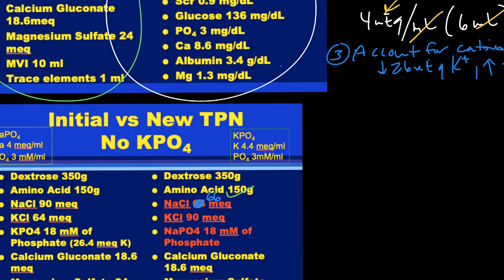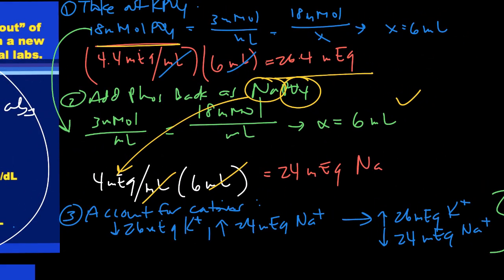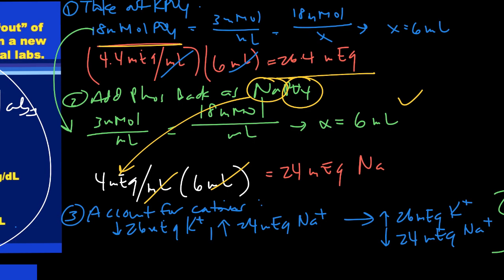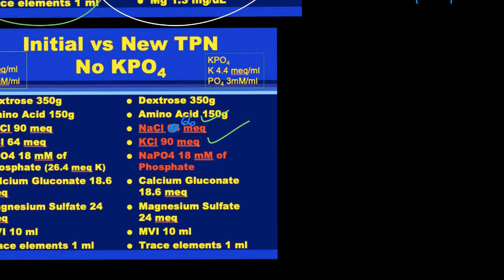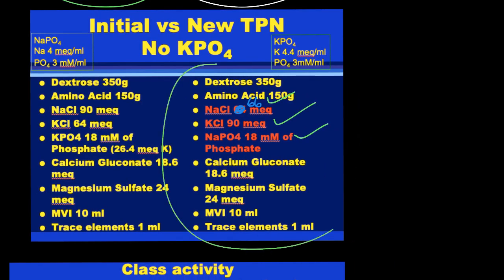Your potassium chloride is 90, like I said. Sodium phos is 18 millimoles of phosphate, like I said. That makes sense. And the rest, and we took out potassium phosphate. So this is your new order, your new TPN.